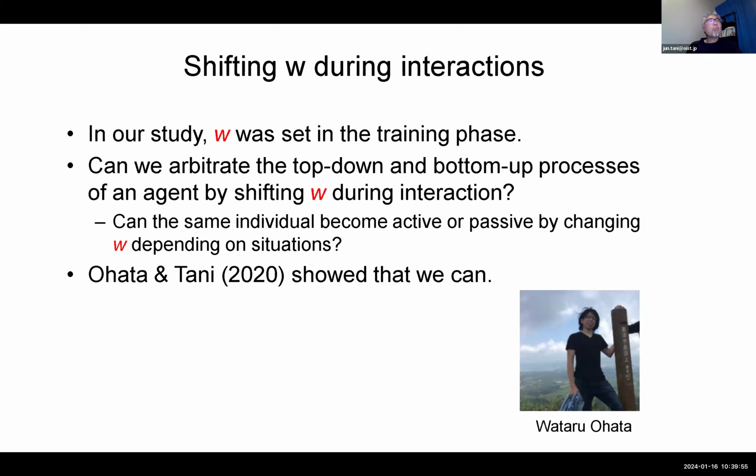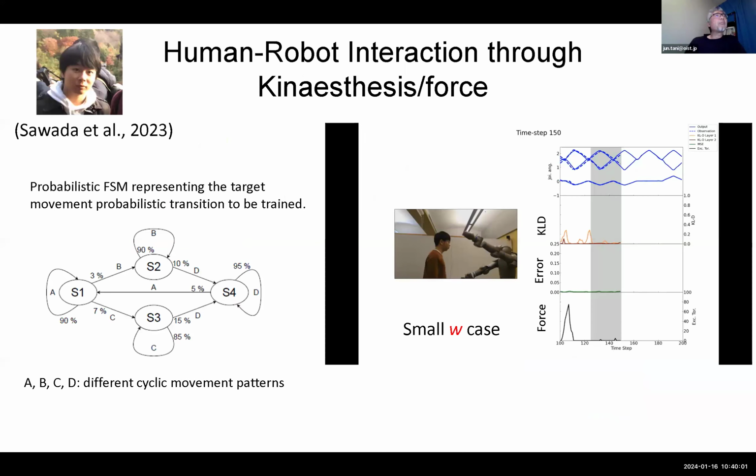And my student Wataru showed that yes, we can. And then another student, Hiroki, followed this idea and did an experiment in human-robot interaction. What he did is that the robot is trained to generate movement pattern transitions by following a probabilistic finite state machine.